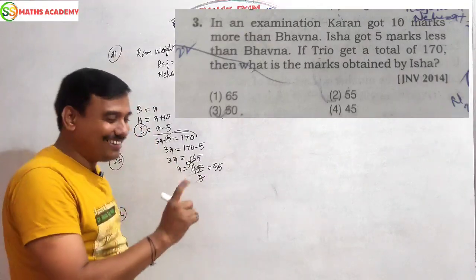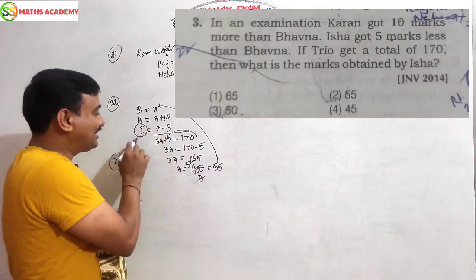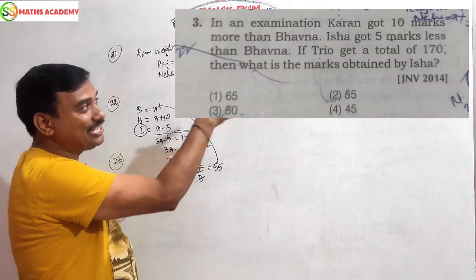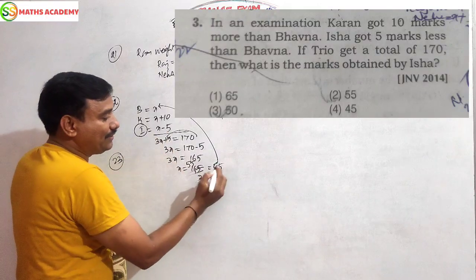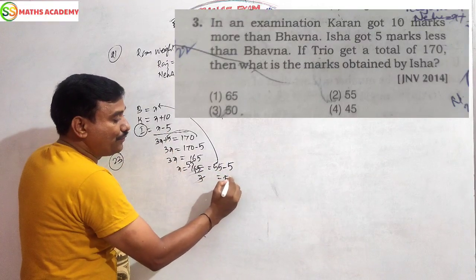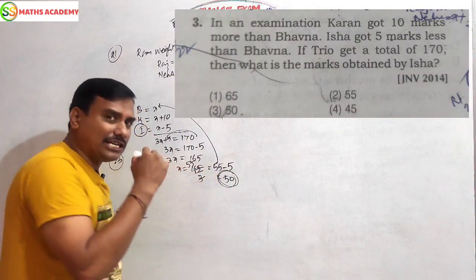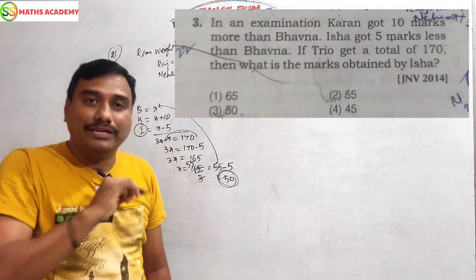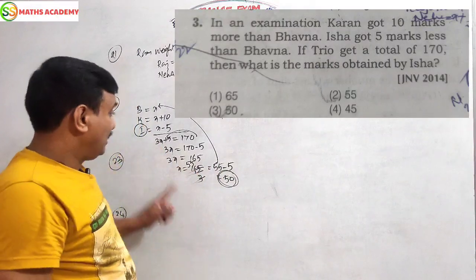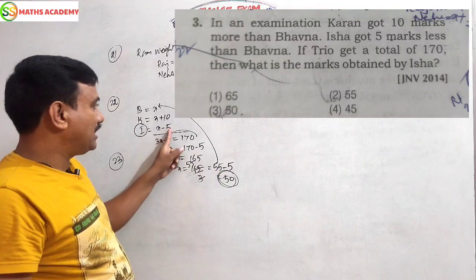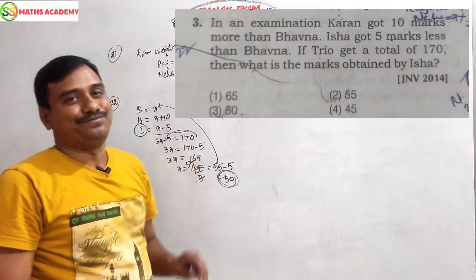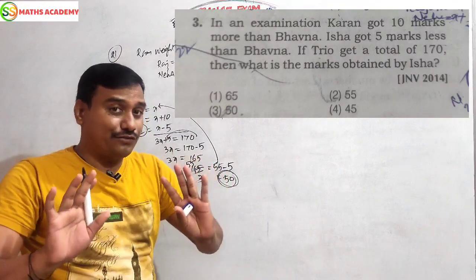That is the marks for Bhavana, but he is asking Isha. In the question he is asking Isha's marks. Isha is x minus 5, so 50 is the correct answer. Most of the students take only 55 and do the bubbling. That is wrong. He is asking Isha, which means x minus 5. x means 55, minus 5, 50. 50 marks for Isha. Have you got it, dear students?